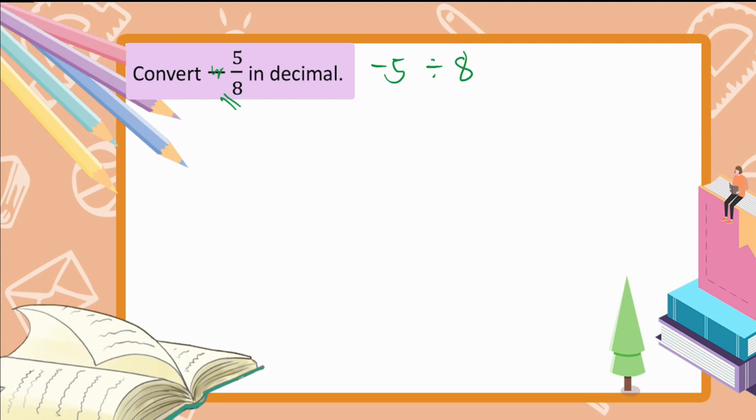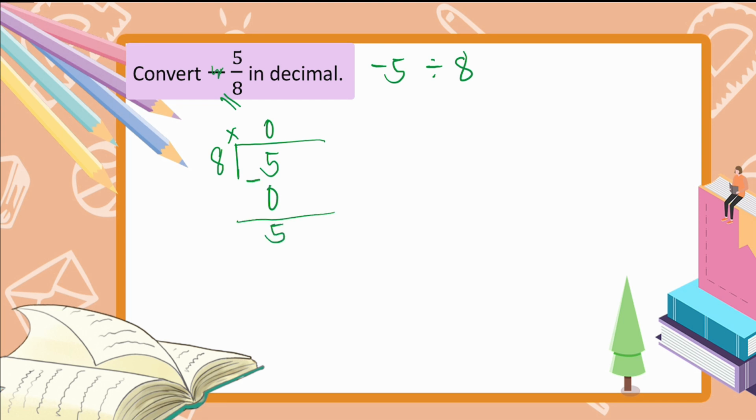Okay? So let's write our long division. 8 sa labas, 5 naman sa loob. Then proceed to division. 5 divided by 8 is 0. Then multiply natin siya kay 8, so we will still get 0. 5 minus 0, we have 5.